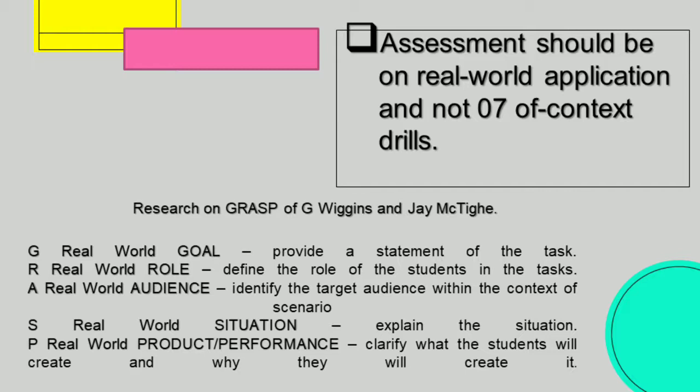A, real-world audience, identify the target audience within the context of the scenario. S, real-world situation, explain the situation. P, real-world product or performance, clarify what the students will create and why they will create it.